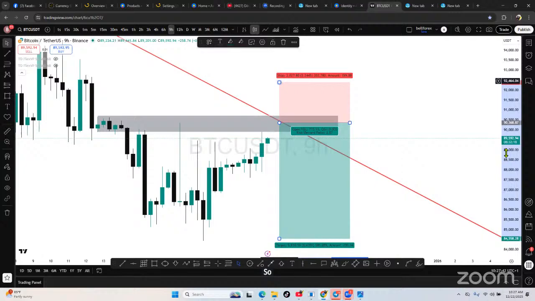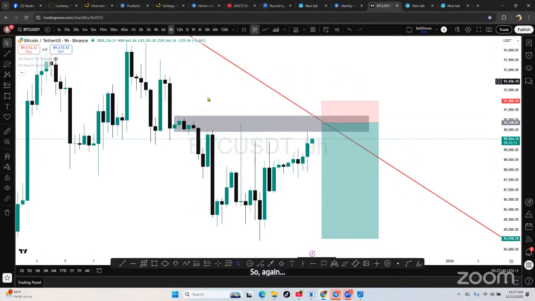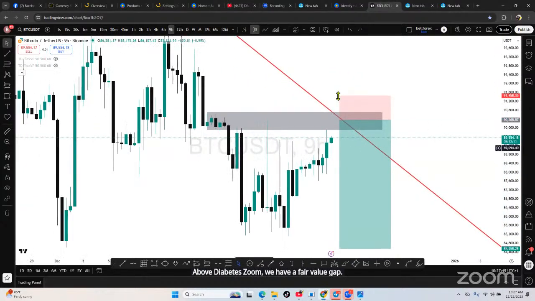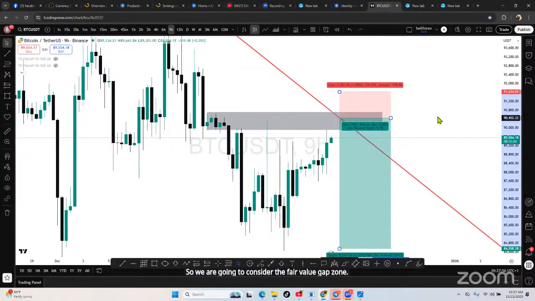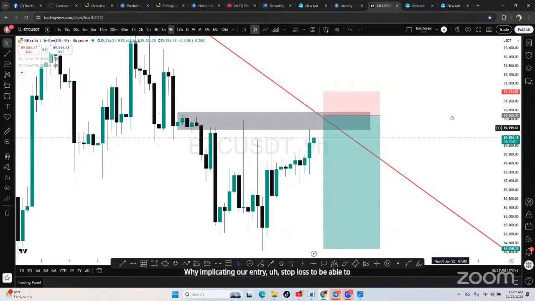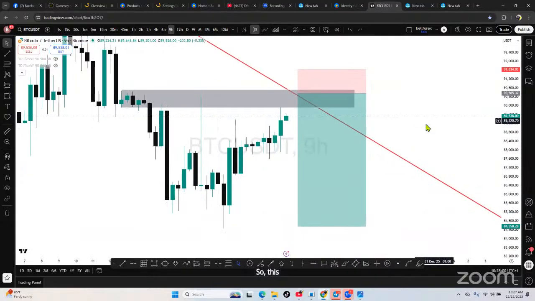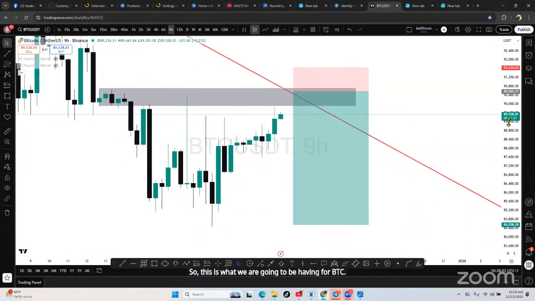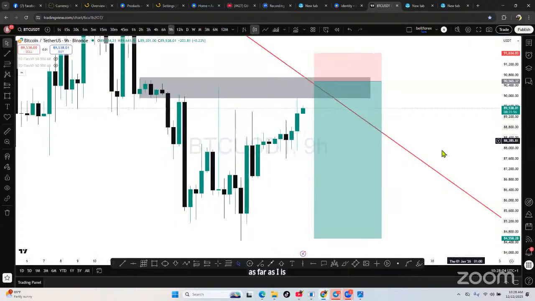So again, above that BTC zone, we have a fair value gap. So we are going to consider the fair value gap zone while implementing our entry and stop loss to be able to play around with both. So this is what we are going to be having for BTC as far as that is concerned.